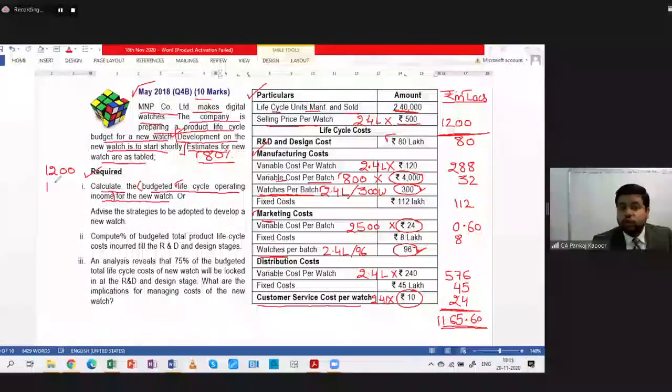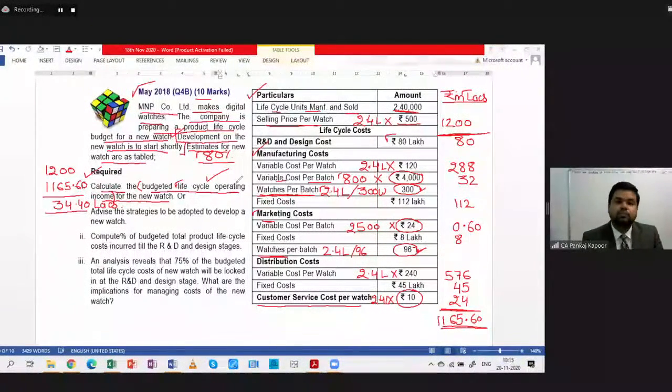And then we need to reduce the operating cost out of that, which was 1165.60. Hence, our operating profit in lakh will be 34.40 lakhs. Okay. So this is the answer to the first part. I hope it is clear to everyone.